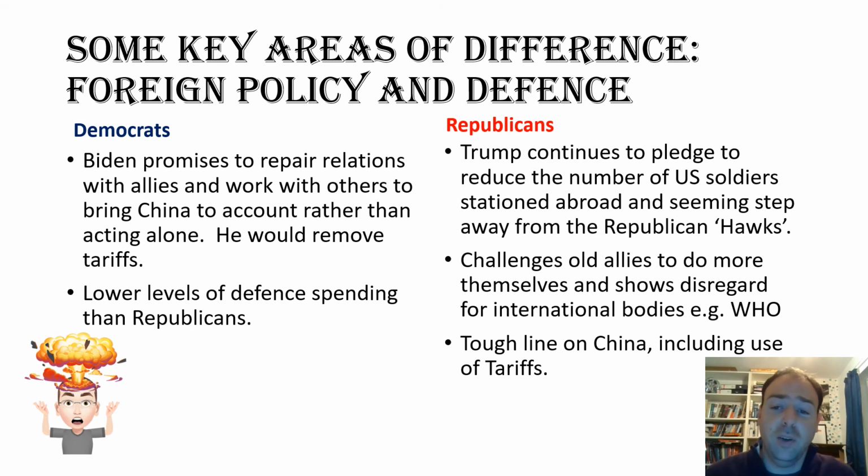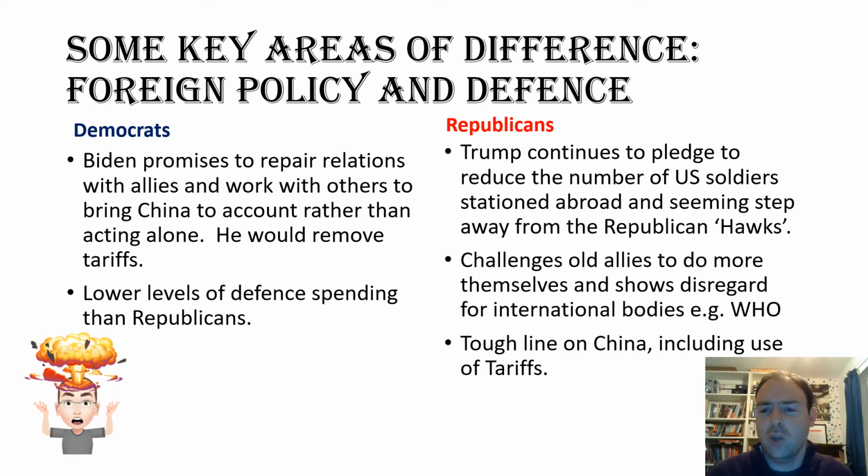He's taken a particularly tough line on China, including the use of tariffs. Obviously, he blames them completely for COVID. And so he can talk very, very antagonistically about other countries, and at other points he will go to some traditional American allies, for example Israel, and will again work with them in a very positive way, whilst with other traditional allies, places like the EU, then that kind of cosy relationship that's been in the past has become a lot less cosy.